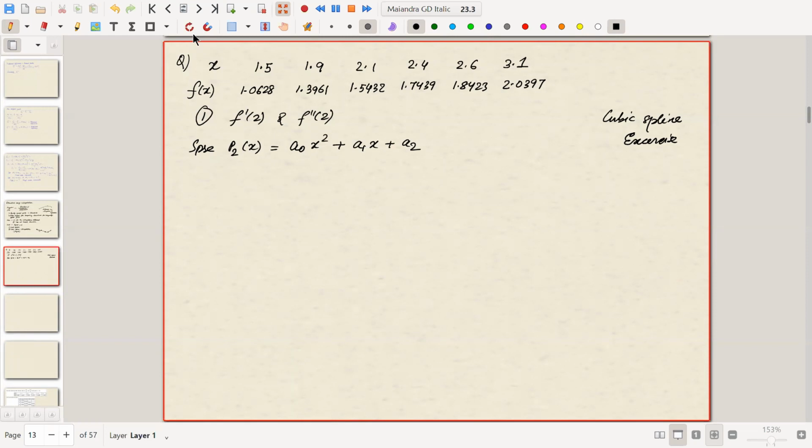So we take the points 1.9, 2.1, 2.4, and we try to fit. Without going into much of the technicalities, I hope you remember the normal equation.